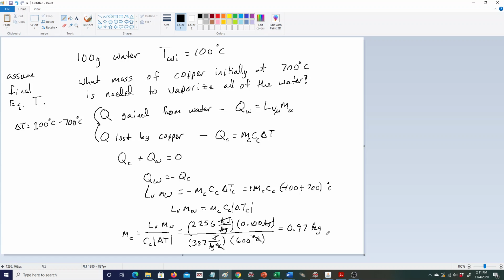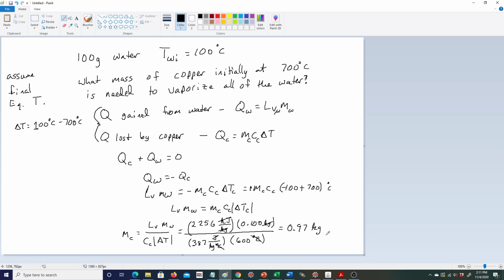Some of that energy from the copper is going to go into vaporizing some of the water. If there's any energy left in the copper once the water is completely vaporized, then that excess energy will go into increasing the temperature of the steam.